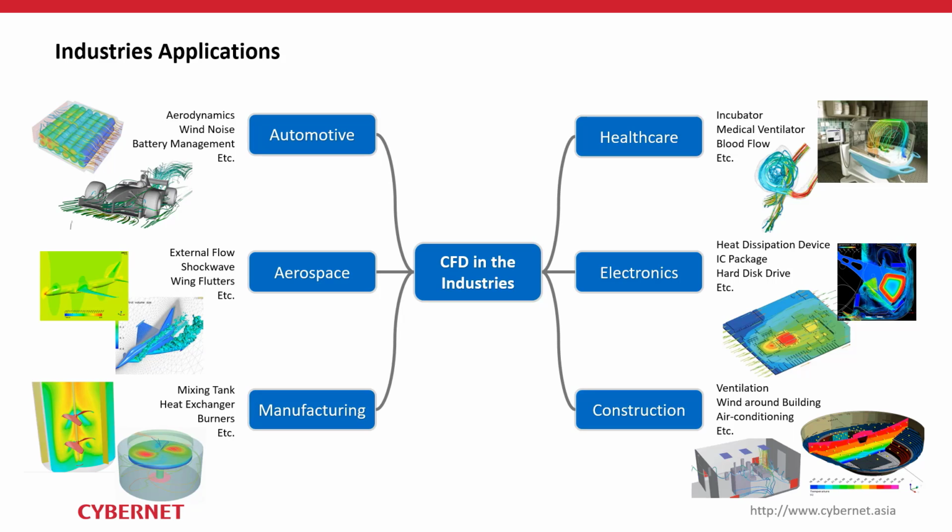In healthcare, CFD has been used in the development of medical ventilators, and also to evaluate blood flow inside a blood vessel. In electronics, CFD has been used for thermal management of electronics assemblies, mostly on heat dissipation devices like a heat sink and so on.